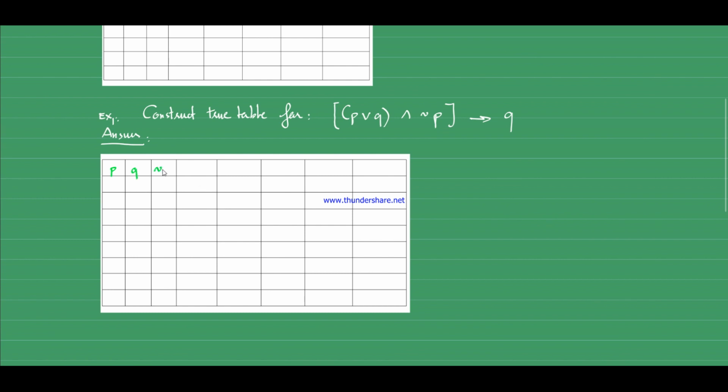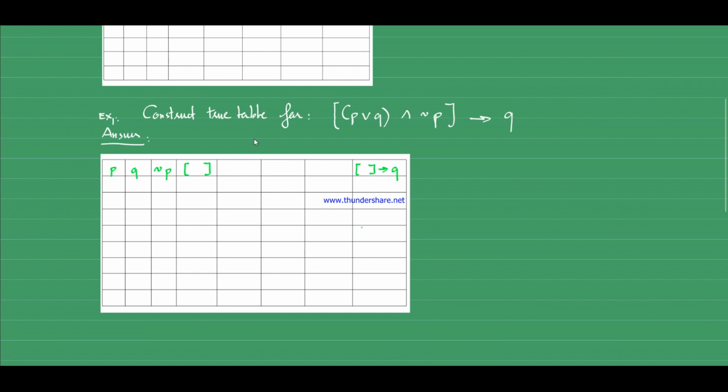Then we have a negation of P. Then we will have inside the bracket, and finally we have the bracket implies Q.